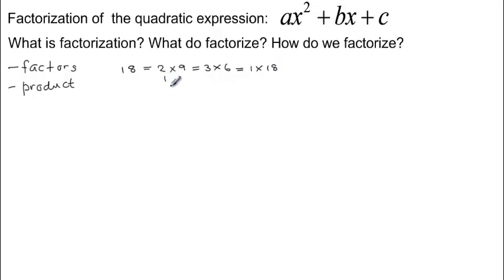So these individual numbers are referred to as factors of 18, and the 18 itself is the product of each pair of those factors.